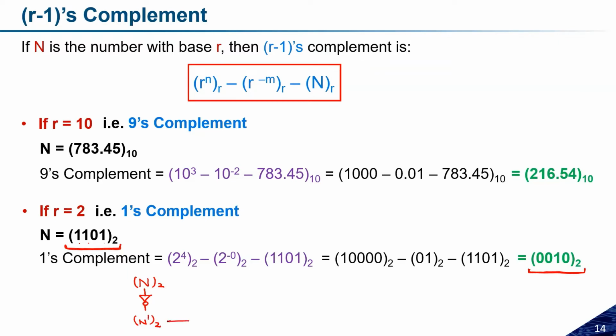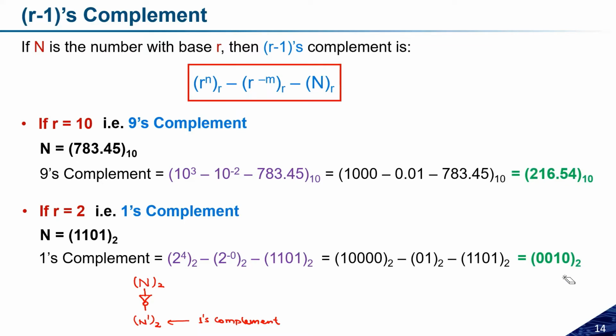So this is nothing but the 1's complement of the actual number. For the binary number system, the simple technique is just to complement each digit.